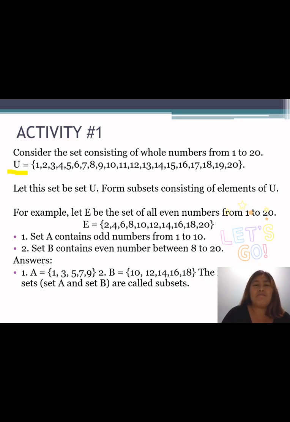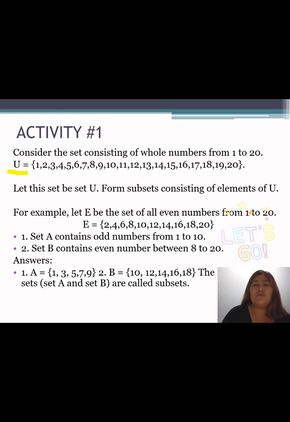For example, let E be the set of all even numbers from 1 to 20. So what do you think are the even numbers from 1 to 20? Those belong to the set E, which will be a subset of our universal set.